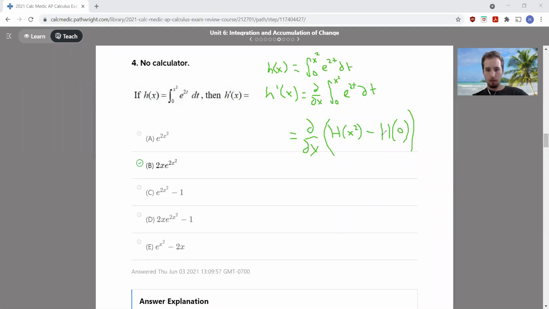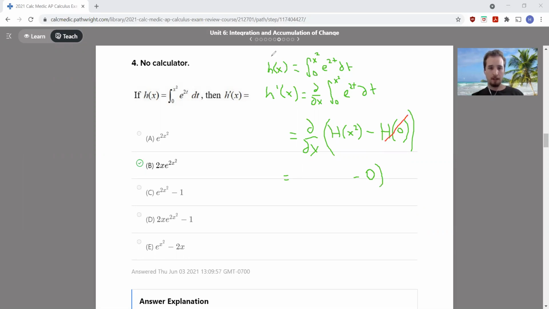These are hard problems, so don't stress too much over it. Because we're putting our bounds in, x squared and 0, if you take the derivative of h of 0, well, if you plug in 0 to the variable, this is just going to be a constant. The derivative of a constant is just 0. So h of 0 kind of disappears.